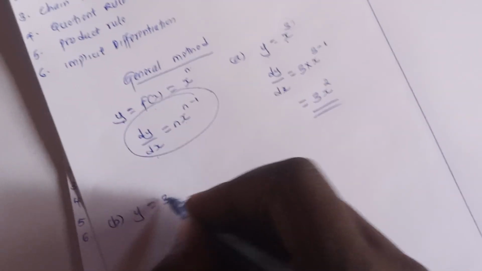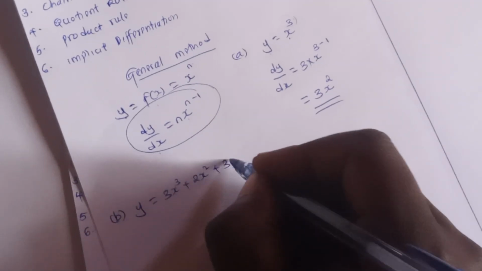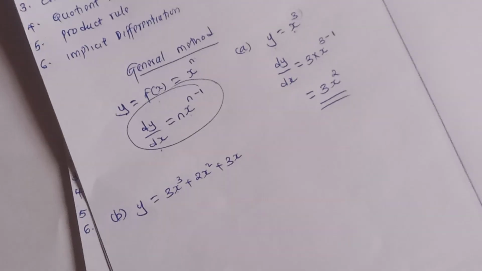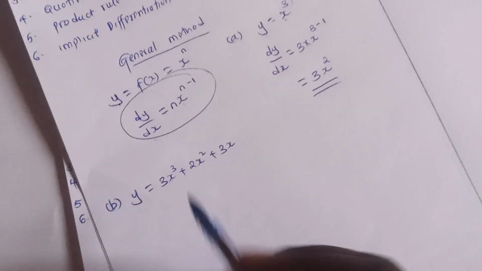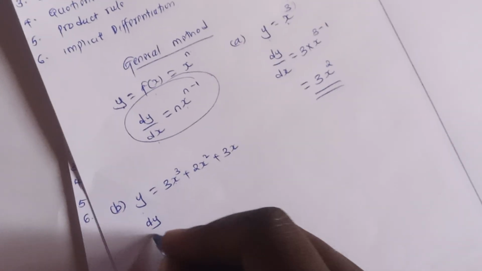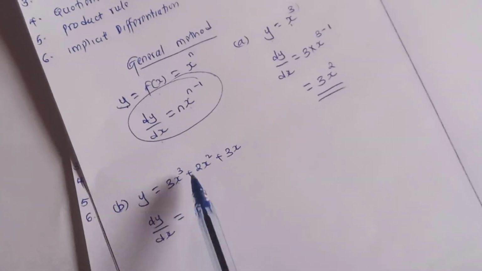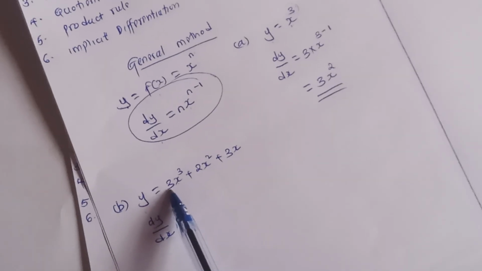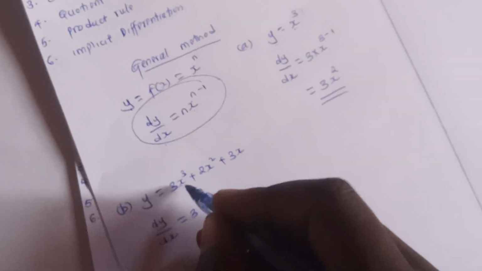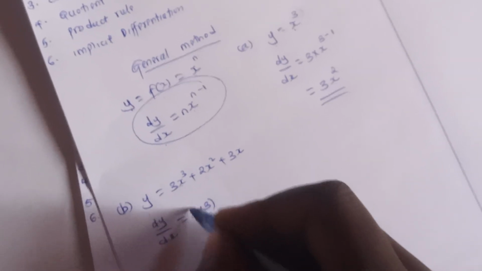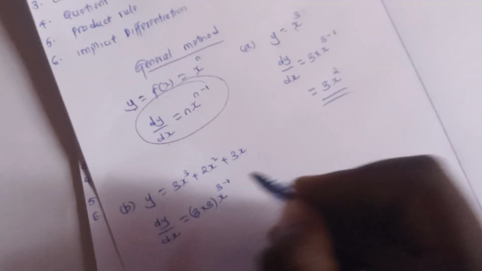Let us look at the second example, whereby we have been given a function y equals 3x cubed plus 2x squared plus 3x. If we are still going to differentiate y with respect to x, then dy/dx equals: I always take the power and multiply by the coefficient, so I will have 3 times 3, then x raised to power 3 minus 1.